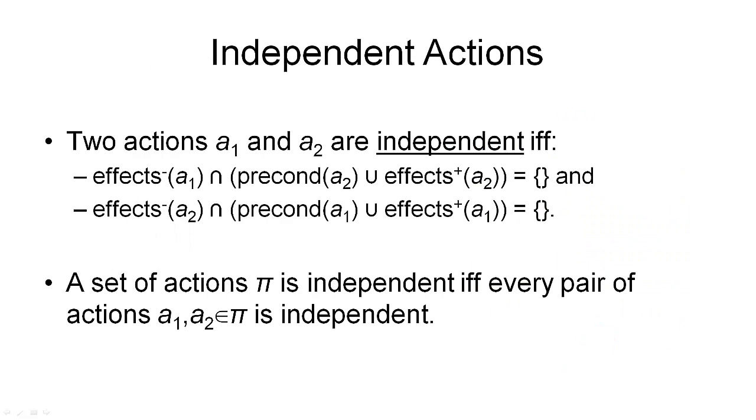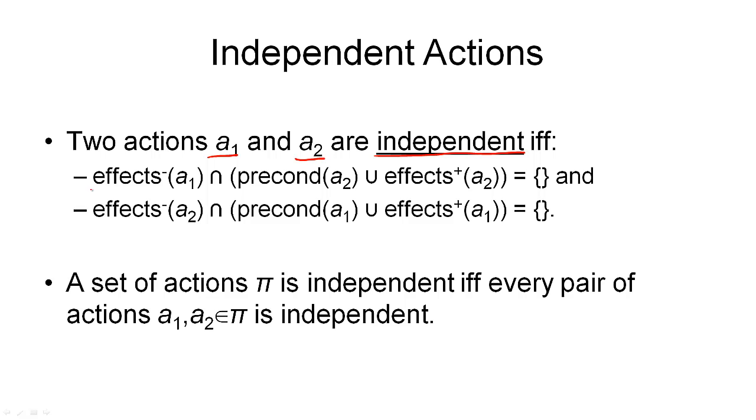And here is a general definition for what it means for two actions to be independent. We can say that two actions A1 and A2 are independent if the following conditions hold. And what these conditions express is very simple. They say that the effects and preconditions of those actions must not interfere. And that's exactly defined the way we've seen it just in the example.